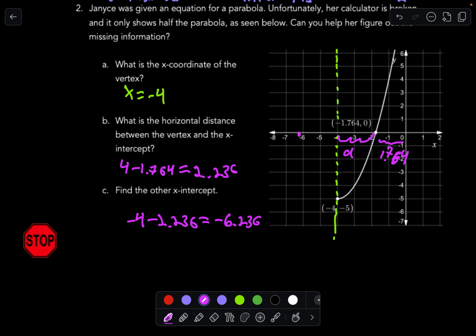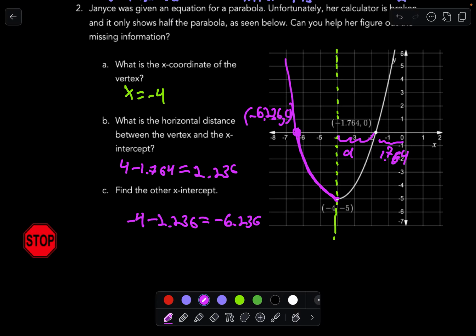-6.236. So there's another one. And the graph is going to look something like this. Okay? And this point where it crosses is -6.236, 0.